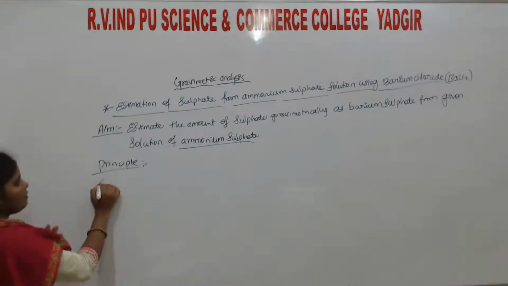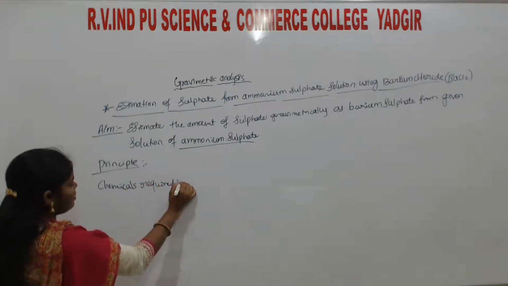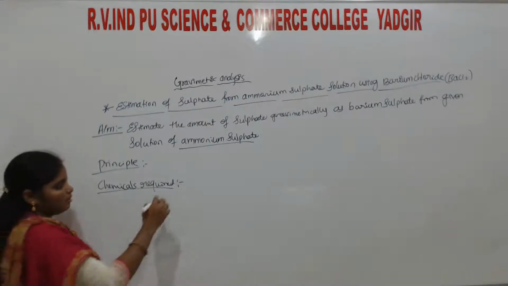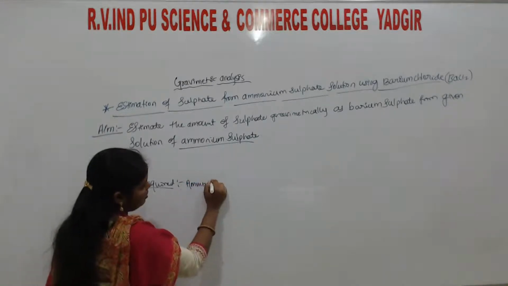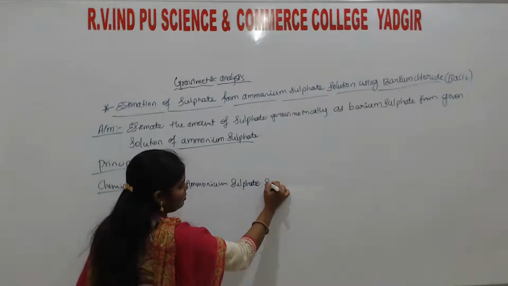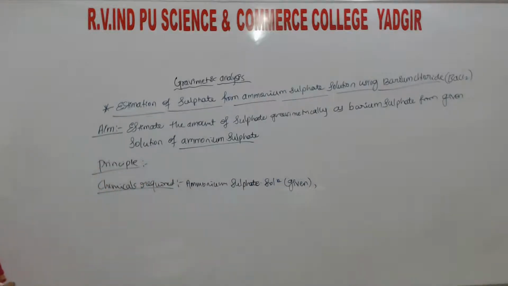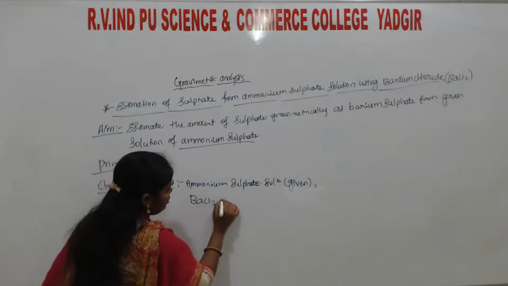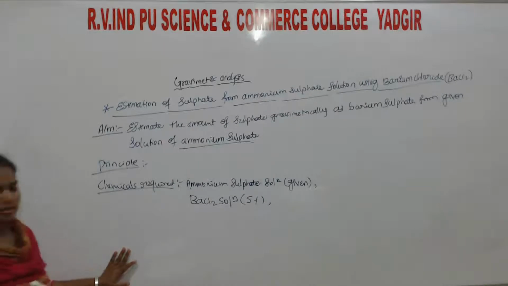Next, the chemicals required for this gravimetric analysis: ammonium sulfate solution, given, and barium chloride solution, 5%, and concentrated HCl.